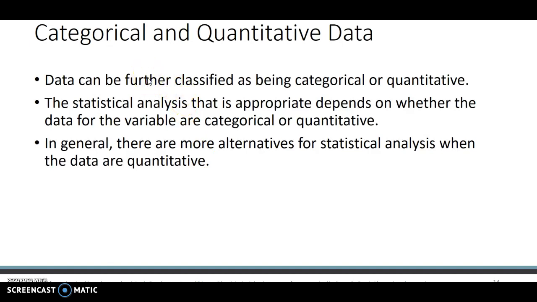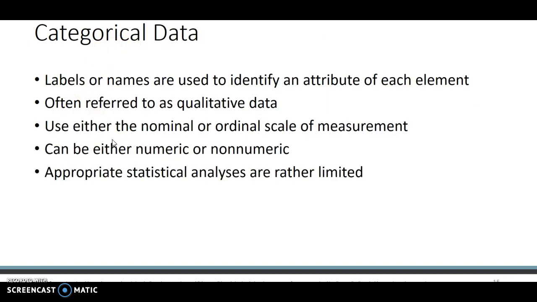Data can further be classified as being categorical or quantitative. Okay, and this is important. Categorical data are labels or names used to identify an attribute of each element. It's often referred to as qualitative data. We can use either the nominal or the ordinal scale of measurement.